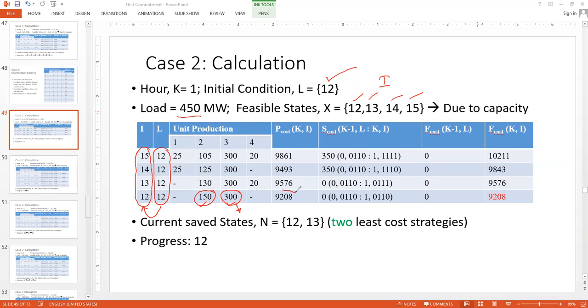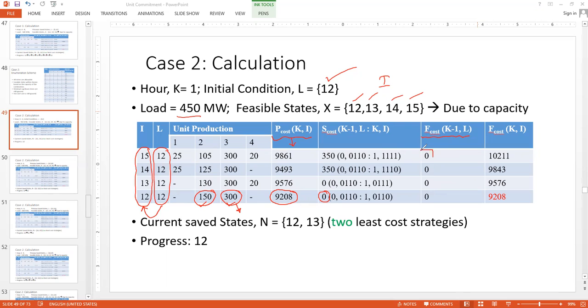The cost was actually calculated earlier, so the same way we can calculate the production cost, the P cost. The transition cost, because we are not having any transition between the states, will be 0. Again, the F cost at K minus 1 refers to the initial cost, the cost at hour number 0.